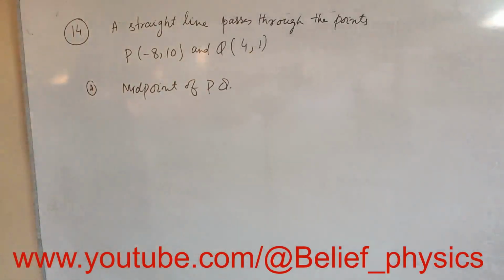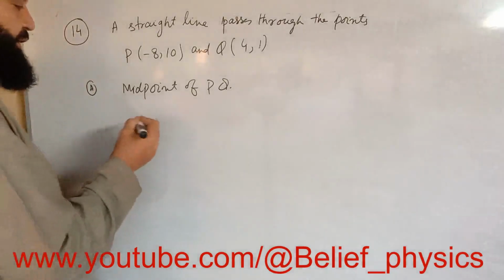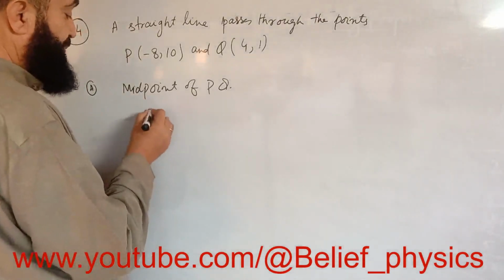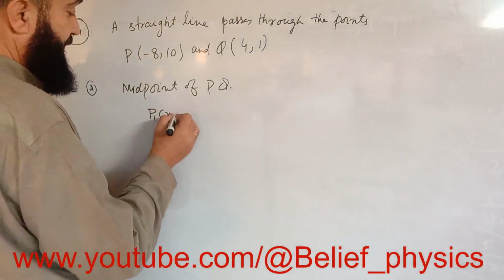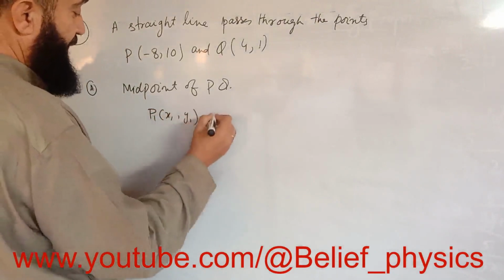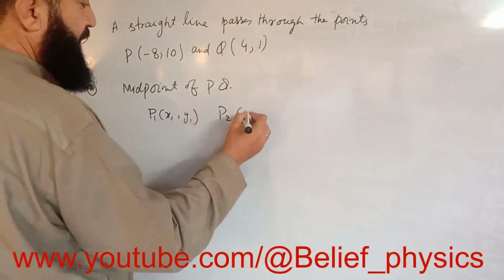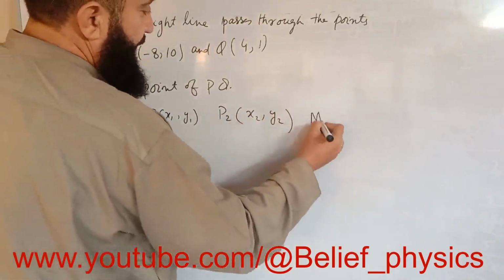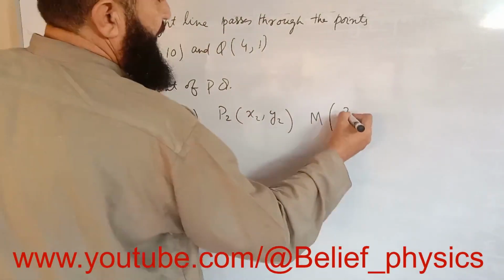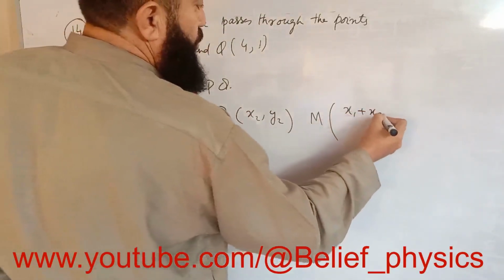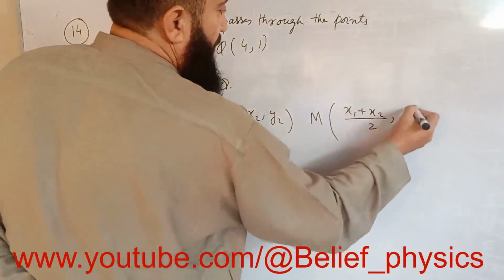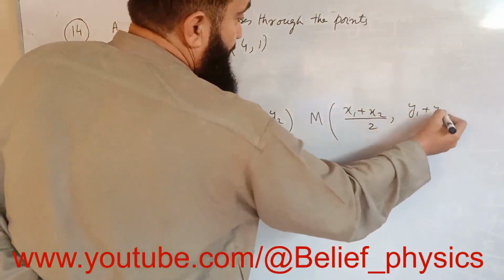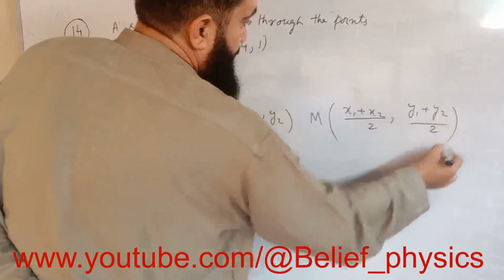How to find it? We have the formula for the midpoint. If we have 2 points P1 as X1, comma Y1 and P2 as X2, comma Y2, then the midpoint is given as X1 plus X2 divided by 2, comma Y1 plus Y2 divided by 2.